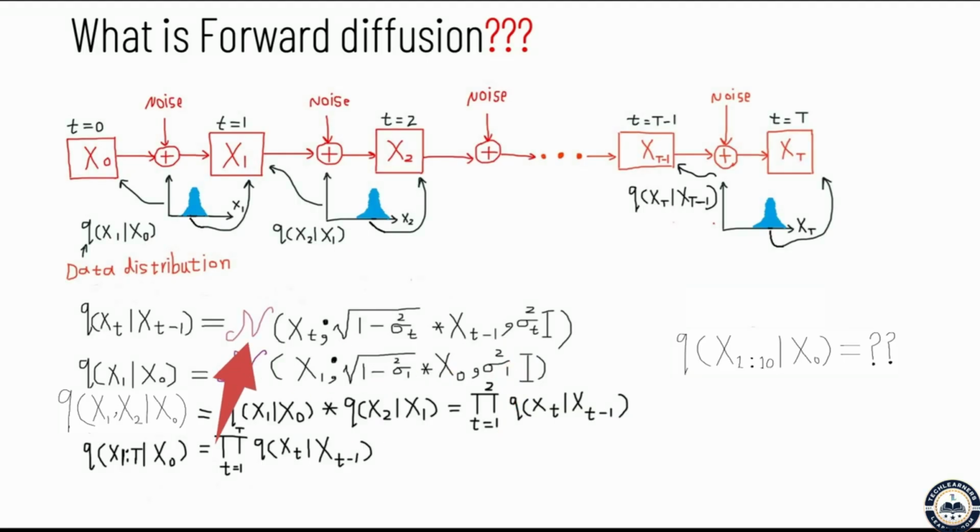This symbol here is just another way to represent any Gaussian distribution, and there are many other ways. In this way, we just need to put the name of the variable and the mean and the variance of this Gaussian distribution. So now this distribution q of x1 given x0 is equal to the Gaussian distribution that we will use to get the value of x1 variable, where the mean will be equal to the square root of 1 minus the variance at time step 1 times x0.